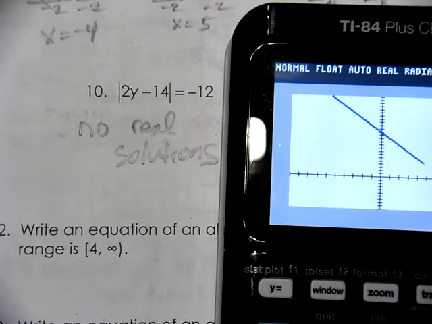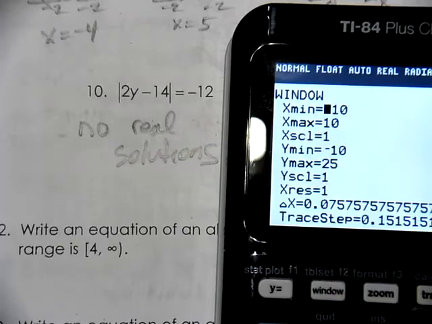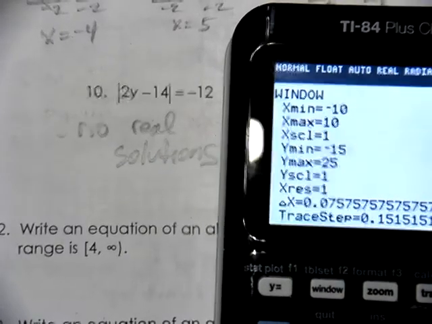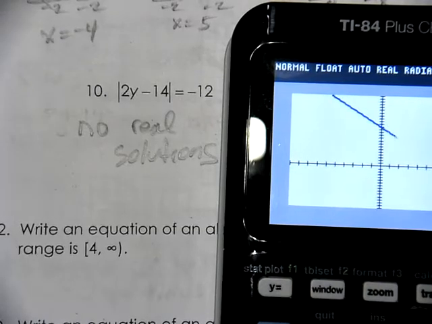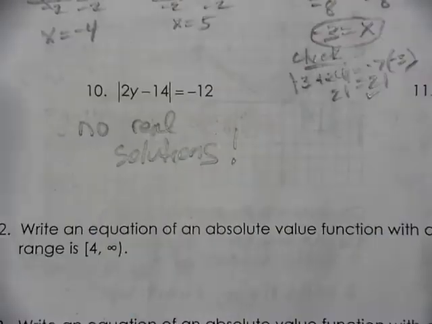We could graph that out. Remember, we have to look all the way down to negative 12, so we got to go to our window and look at our y minimum and make it more than negative 12. Or less, if you want to think about it like that. They don't cross. They don't cross anywhere. No real solutions for those two graphs. That's what this is asking.